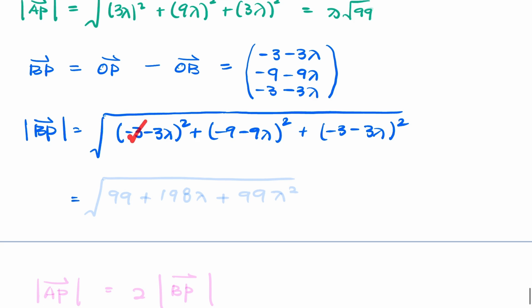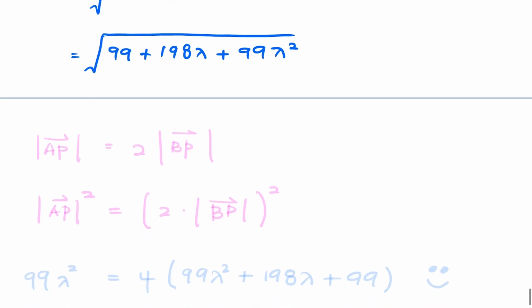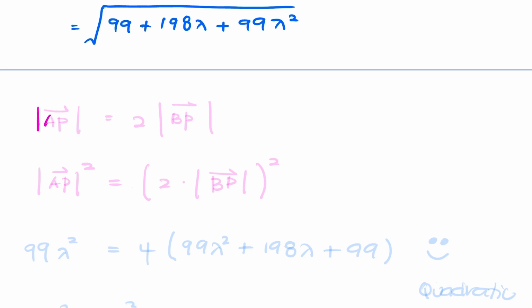And that's equal to the square root of 3 squared plus 9 squared plus 3 squared, so 99, plus 198 lambda plus 99 lambda squared. Now, we know from the question that the modulus of AP is twice the modulus of BP. Both of these terms have square roots in them.